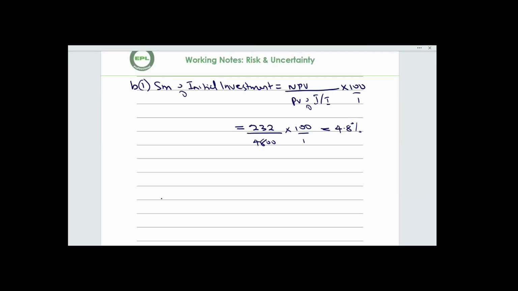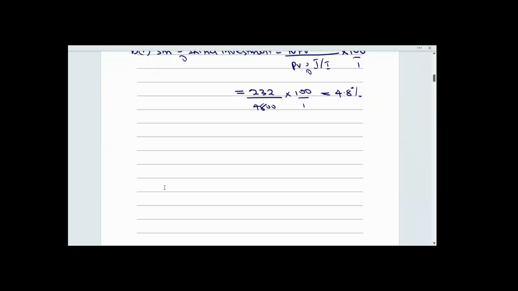So that's the implication. Therefore, I can interpret to say that the initial investments should not increase beyond 4.8%.